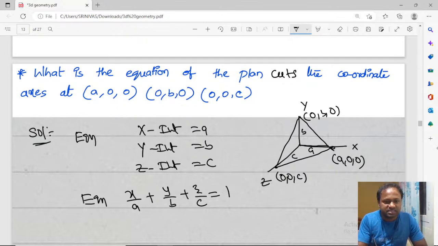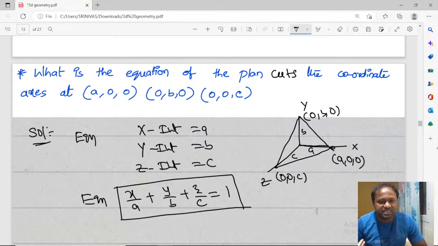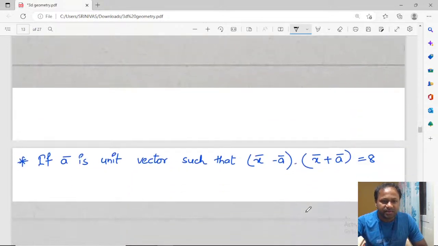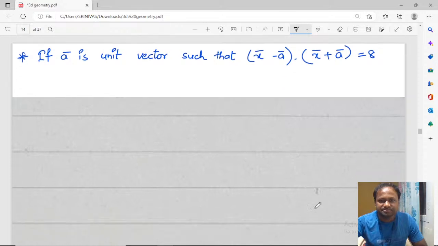This is the equation of the plane. Very easy. Understood? Next, move on to another question. This is a very easy problem. Everybody can do this.